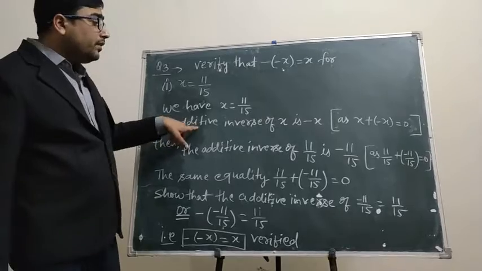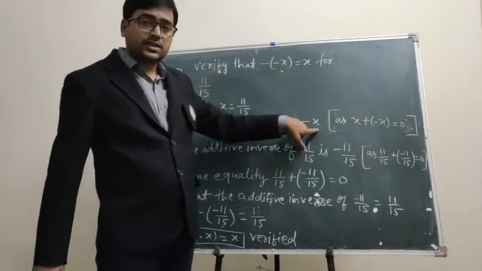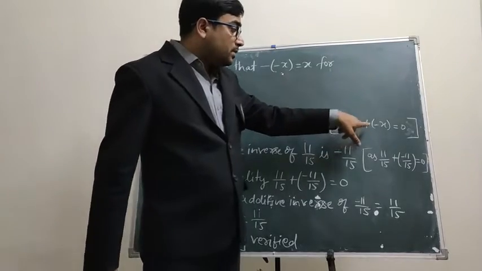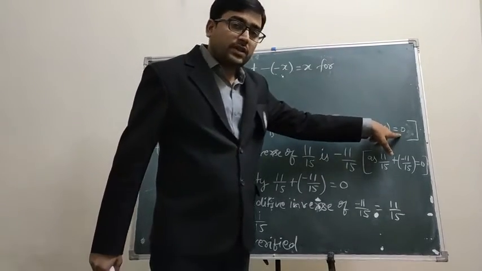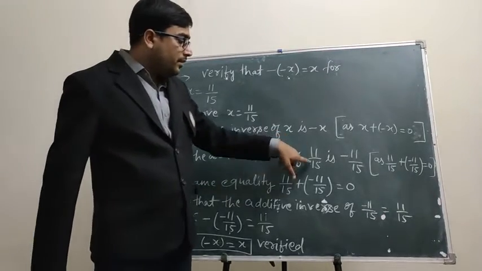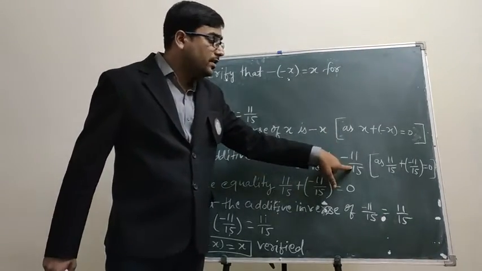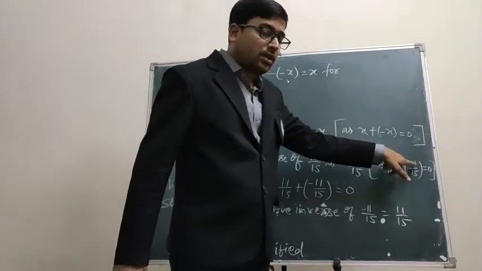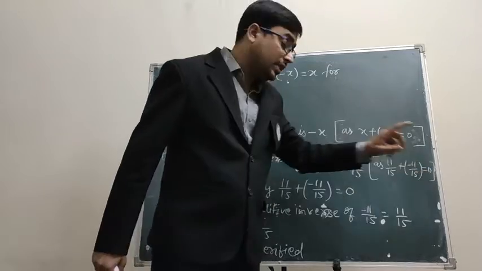The additive inverse of x is minus x. You already know why: x plus minus of x always gives 0. So the additive inverse of 11 by 15 is also minus 11 by 15, as 11 by 15 plus minus 11 by 15 gives 0.